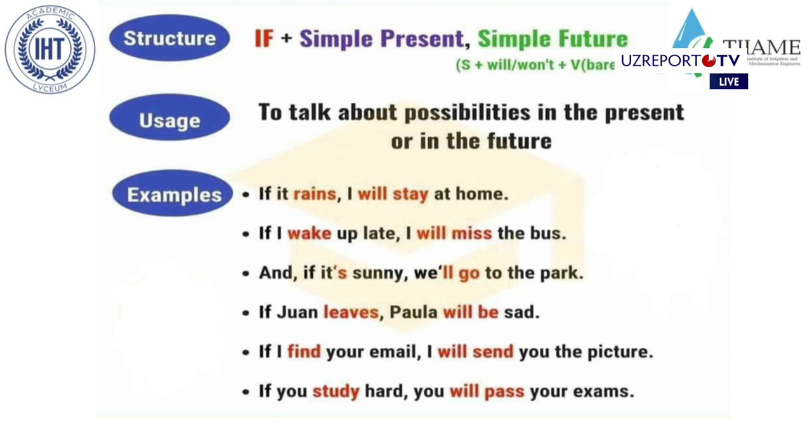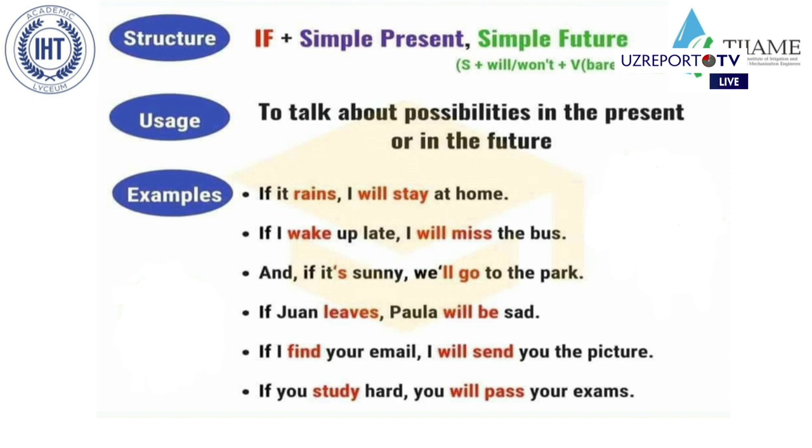Nowadays, shall is not used in conditional sentences. It is an outdated auxiliary verb. That's why nowadays only will and won't are used with all nouns and all pronouns. Well, and verb plus bare infinitive. Bare infinitive is the infinitive without the particle to.